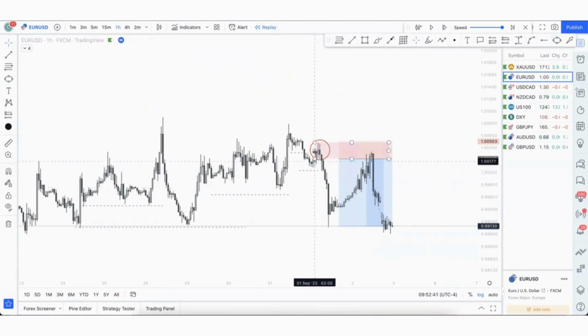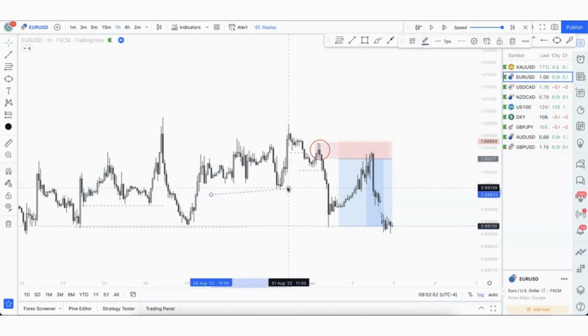This could help us see the footprints of the banks, where buying and selling is going.